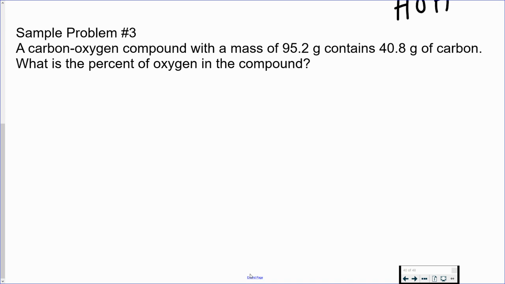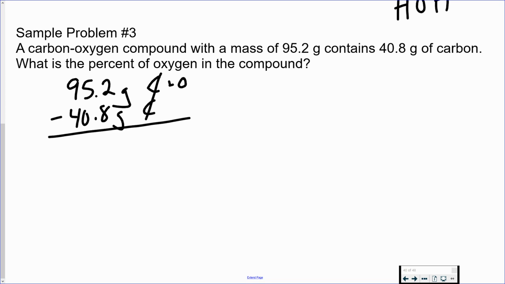So what we want to do is, if this is grams of not only carbon but also oxygen, we're going to subtract the mass of just carbon, and we'll get the mass of oxygen. So 95.2 subtract 40.8, and we're going to get 54.4 grams of oxygen.